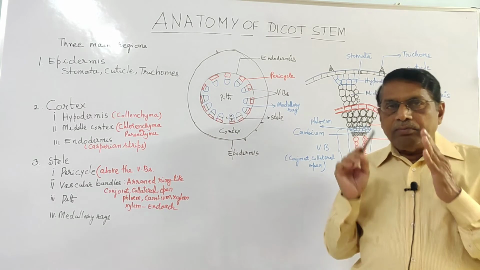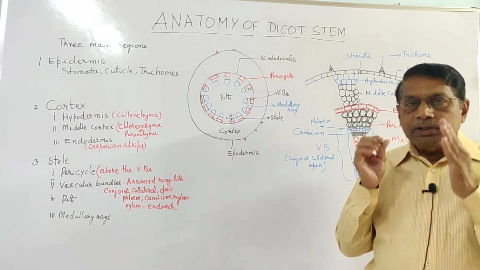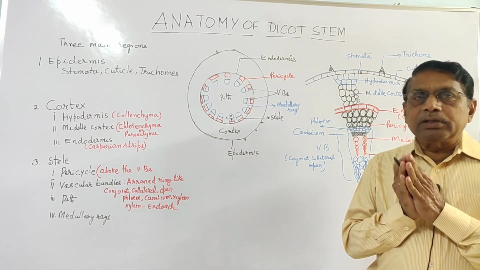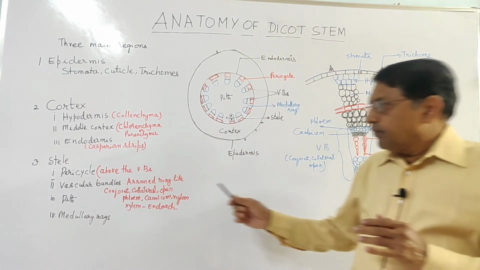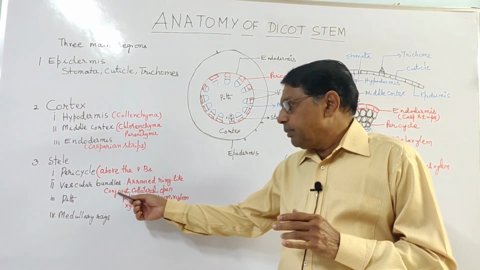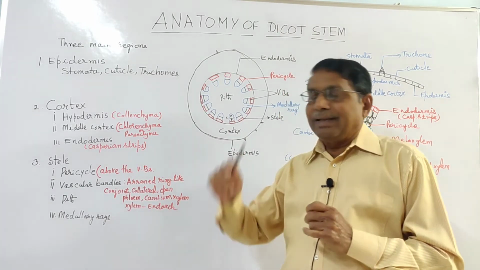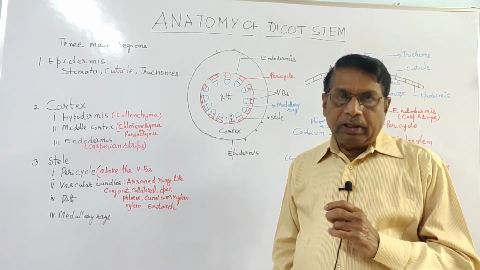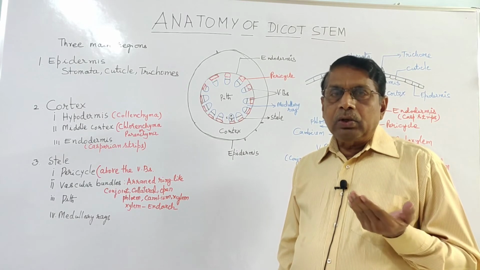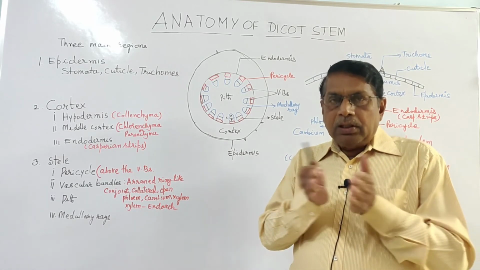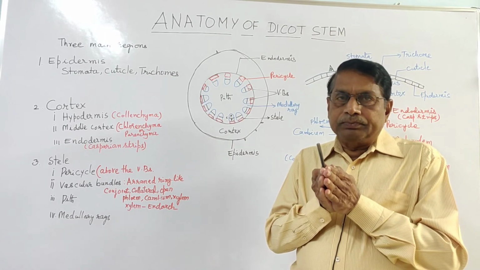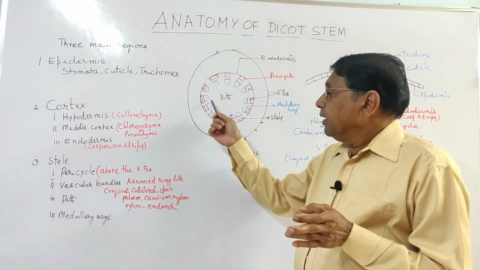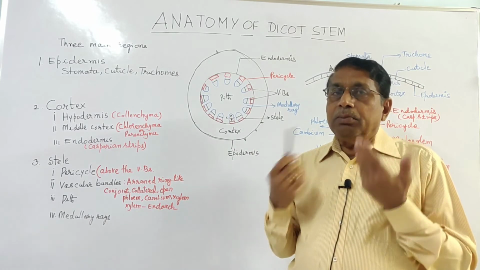Xylem and phloem are arranged in the same vascular bundle. They lie in the same radial line. Therefore, they are described as conjoint collateral. They are conjoint collateral because they are arranged in discrete vascular bundles and are found on the same radial line.